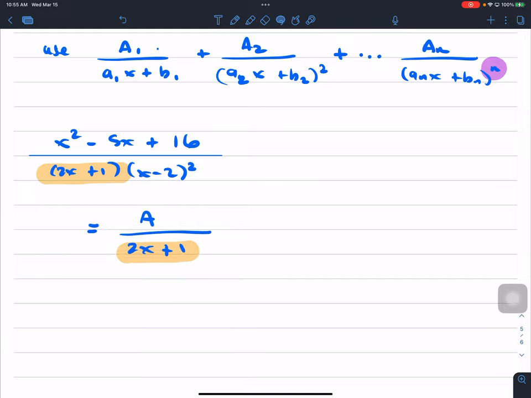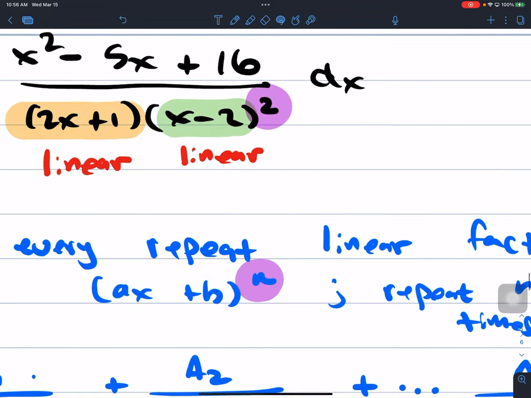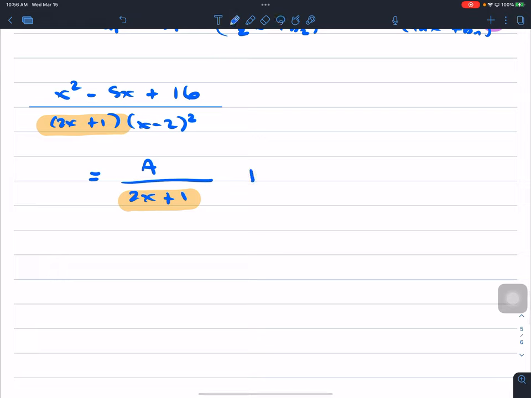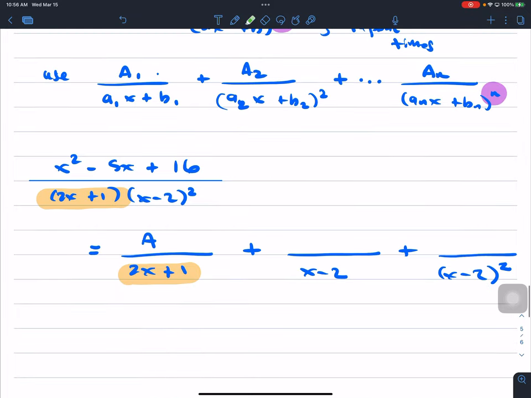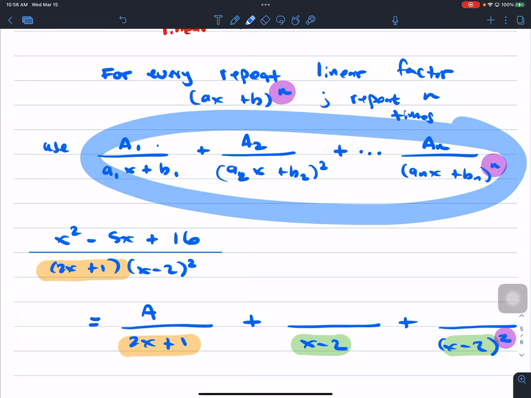But I'm going to put it down here. Now you're going to say, well, what about this x minus 2 that's repeated twice? This is what this means. Start with the x minus 2 to the first power, and then add x minus 2 to the what? Second power. x minus 2 to the first power, x minus 2 to the what? Second power. That's what they mean about using this criteria here. Okay, that's what they mean.